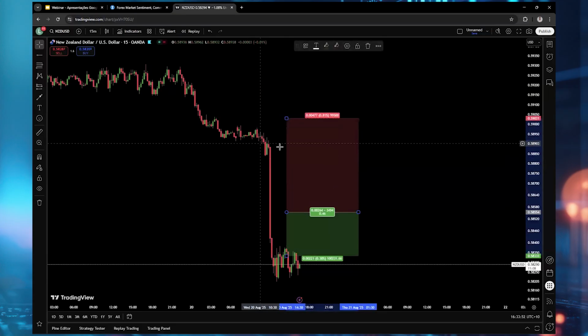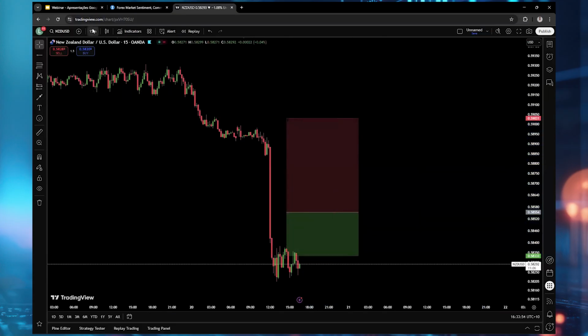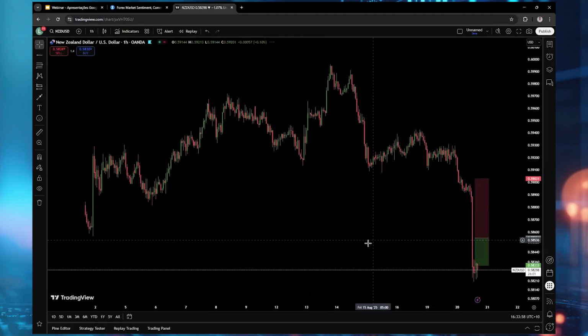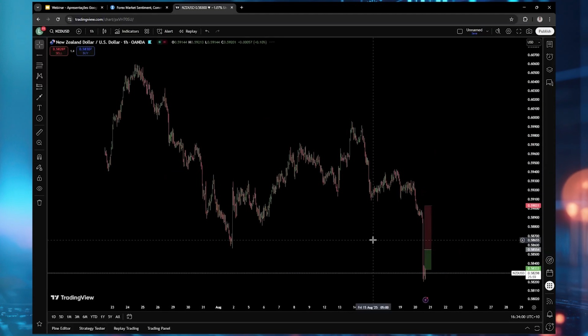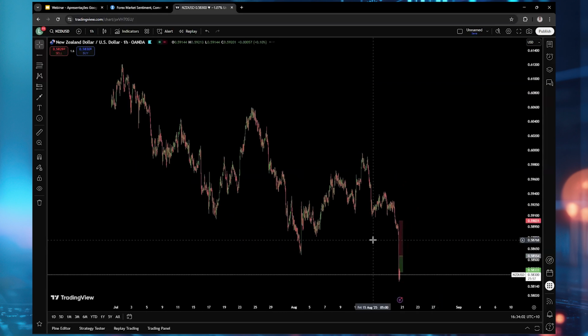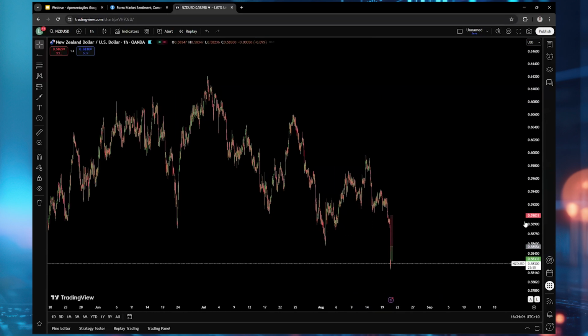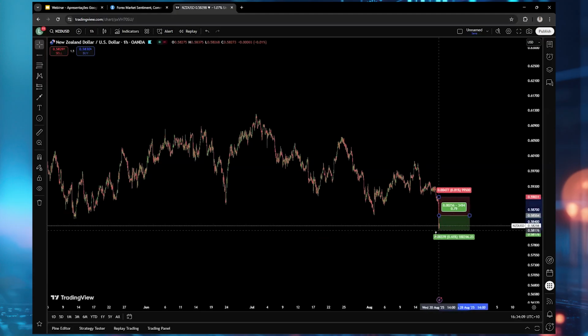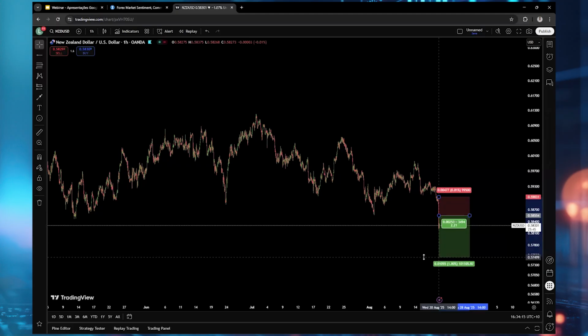Stop losses would be above this huge candle down. Then go into a 1 hour time frame and take off the zoom. There you go. A little bit down, somewhere around here, 157,500.